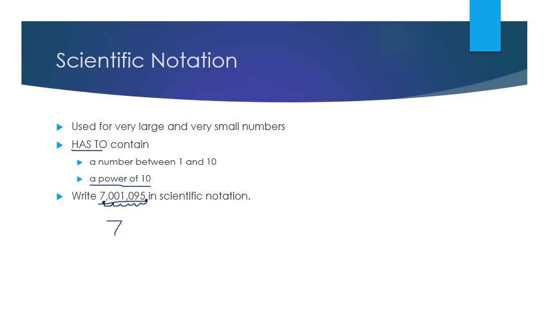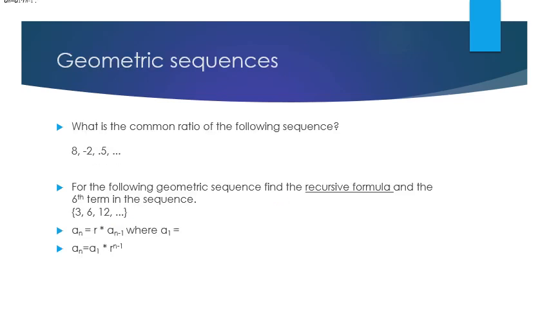Then I can rewrite this as 7.001095. And because I ended up dividing by 6 factors of 10, I have to multiply by 6 factors of 10 in order to make this have the same value that it had before. So by moving the decimal point, I'm dividing. So my exponent is going to represent the multiplication by the same number of powers of 10 that I used.